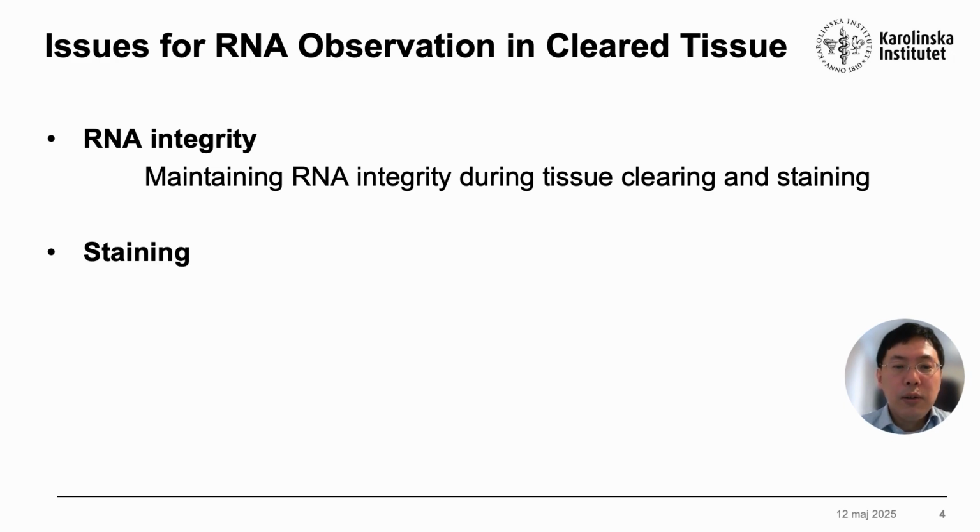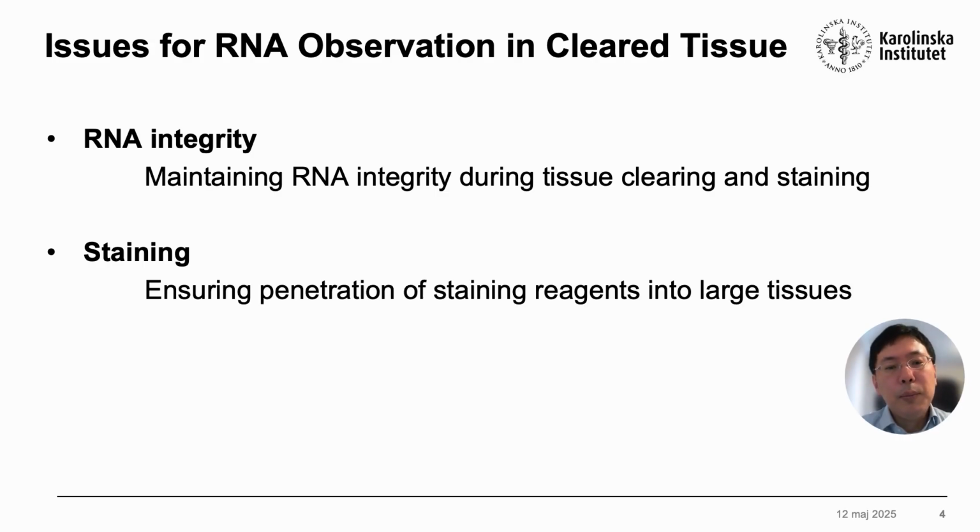The second challenge is staining. To analyze the entire tissue properly, staining reagents need to penetrate deeply. This becomes especially important when working with large samples like an entire mouse brain. The third one is tissue clearing.